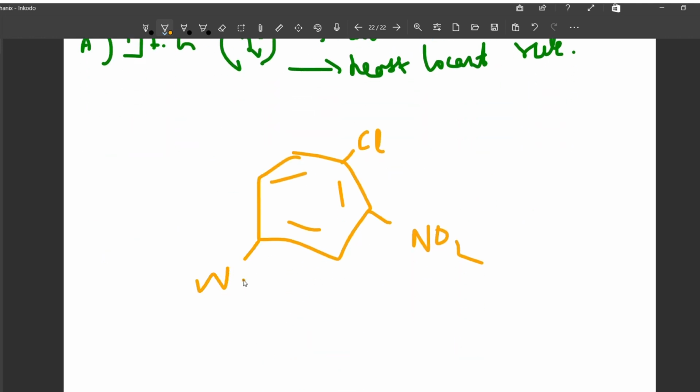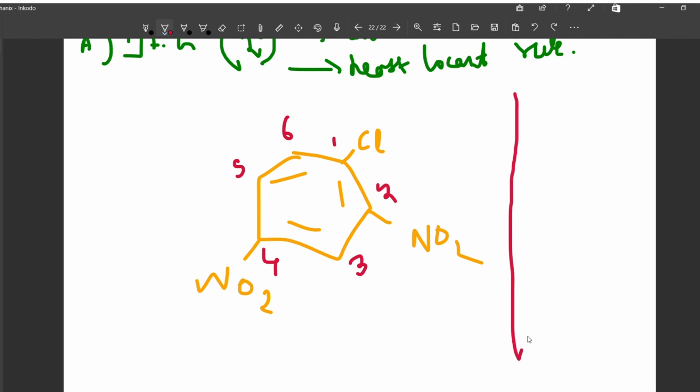So let us start numbering from chlorine, for instance. 1, 2, 3, 4, 5, and 6. And this will be our substituent list, that is, the numbering will yield for each of the substituents here.